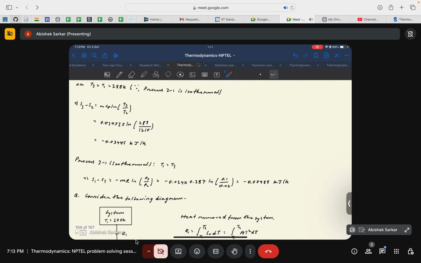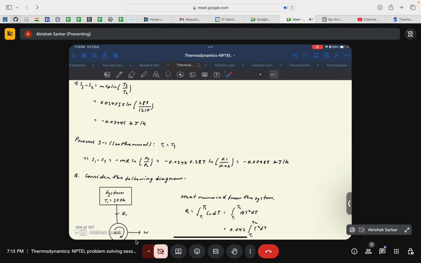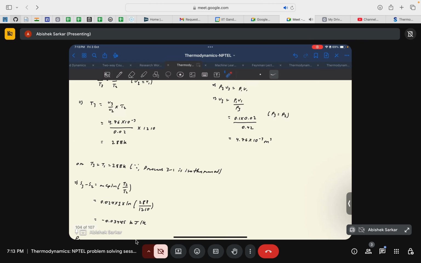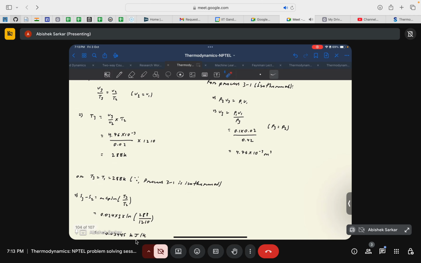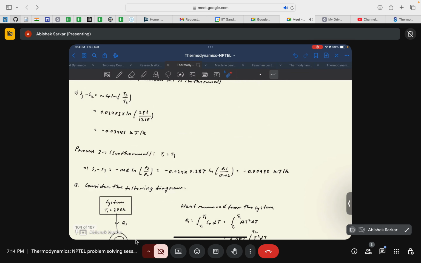For the final process, process 3 to 1, which is an isothermal process, we get that the net change in the entropy is given by S1 minus S3 is equal to minus mR ln P3 by P2. This is the remaining term of this equation, mCp ln T minus mR ln P. Since temperature is constant, the first term here is now removed.